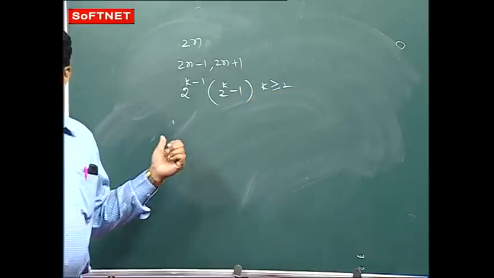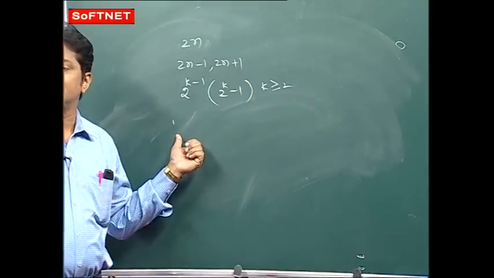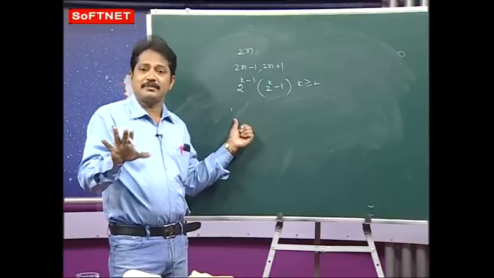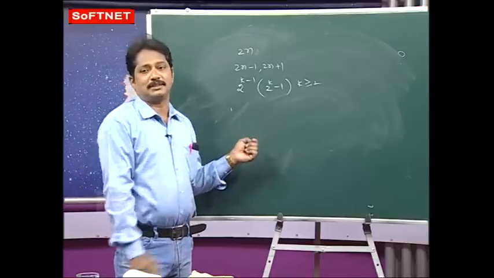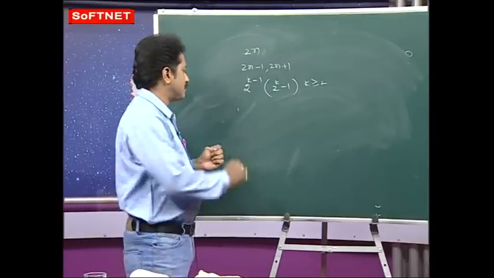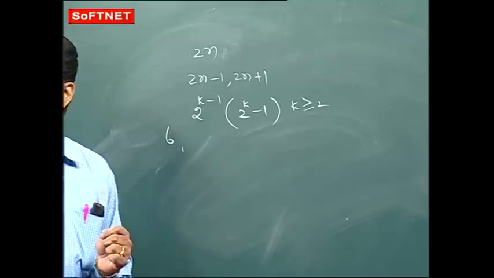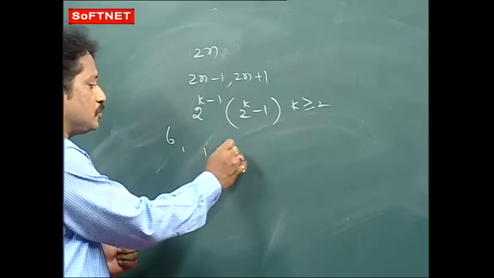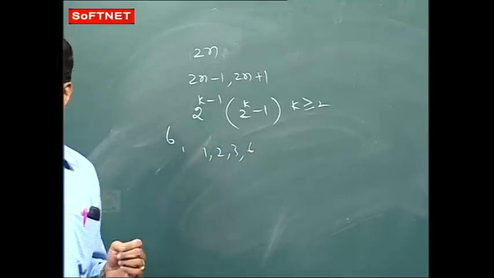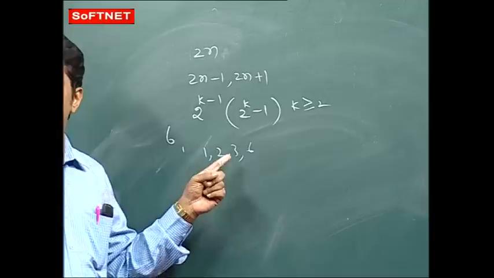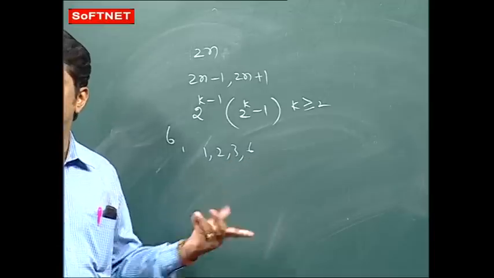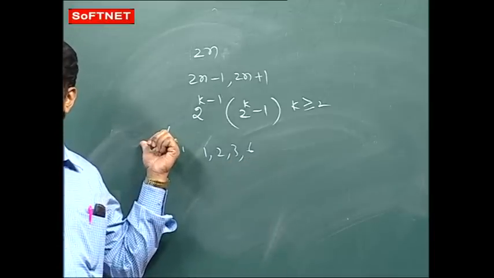Do you know what a perfect number is? A perfect number means the sum of the factors of a number is equal to twice the number. For example, 6. What are the factors of 6? 1, 2, 3, 6. The sum is 1 plus 2 is 3, 3 plus 3 is 6, 6 plus 6 is 12, twice the number. Clear?